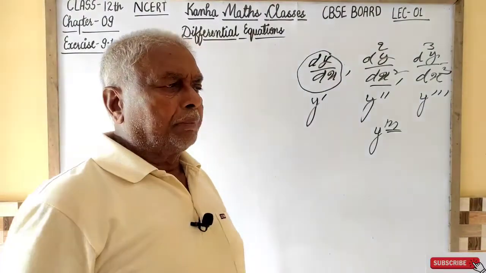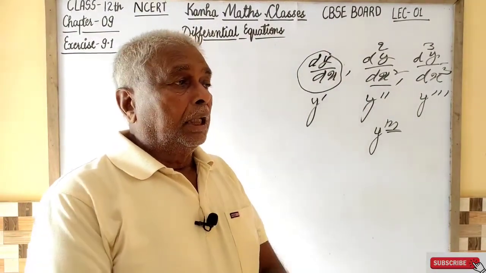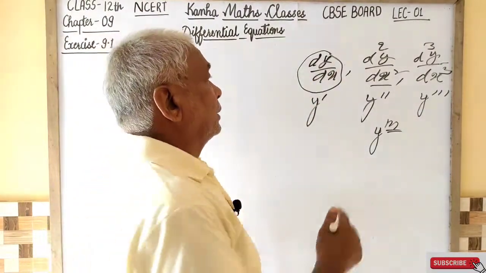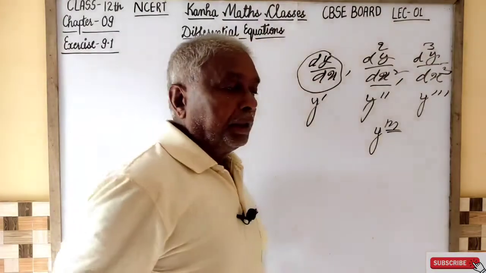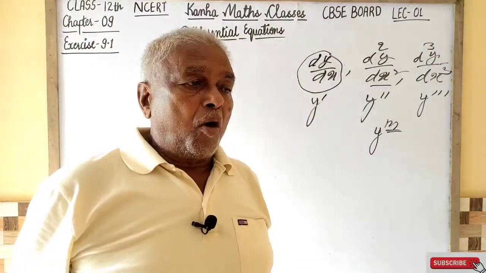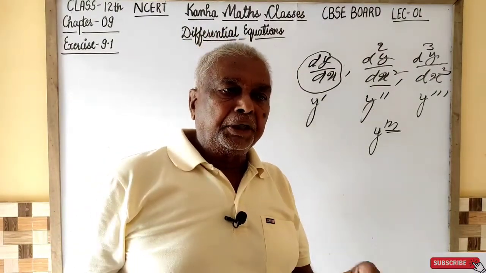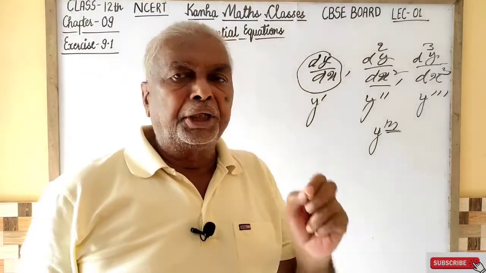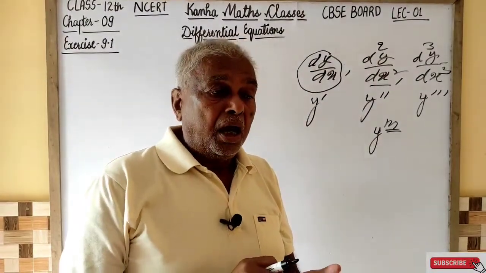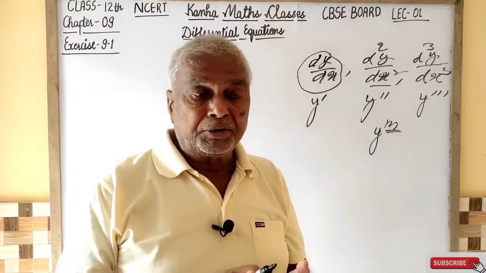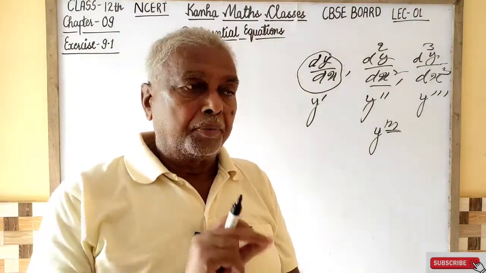While solving differential equation questions, you will often see dy by dx whole square, or d square y dx square power 3, d cube y dx cube power 2, etc. It means the power of the highest order derivative in the polynomial equation in derivatives is known as the degree of the differential equation, and the highest order of the derivative is known as the order of the differential equation.